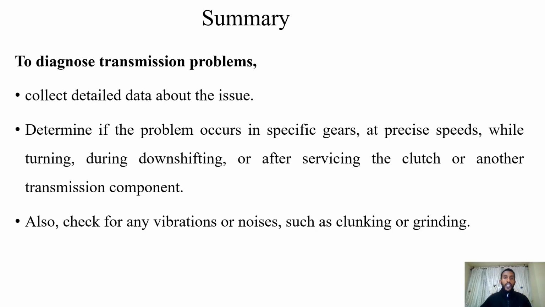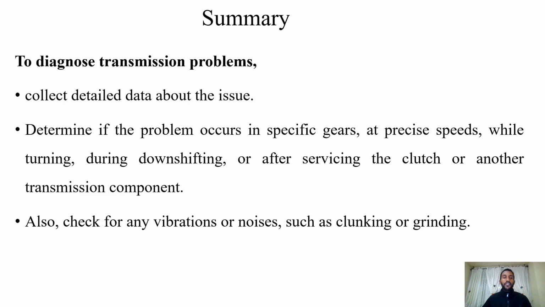In the next part, we will also see how to diagnose the transmission problem. We should collect detailed data about the issue. Diagnosing means triangulation: by triangulating different data or observing from different perspectives, we can specify the real problem and know its root cause.